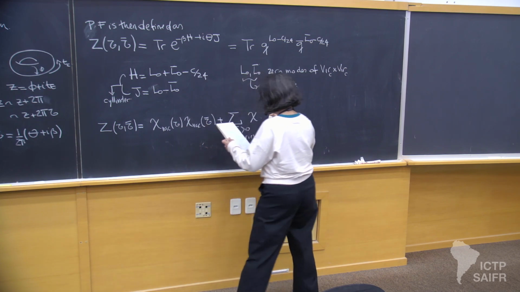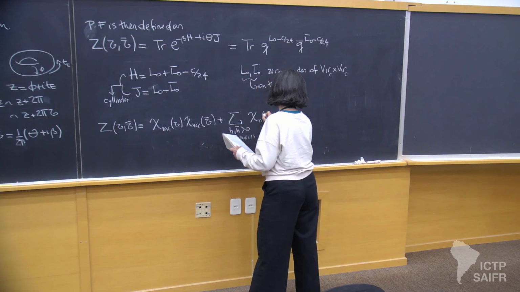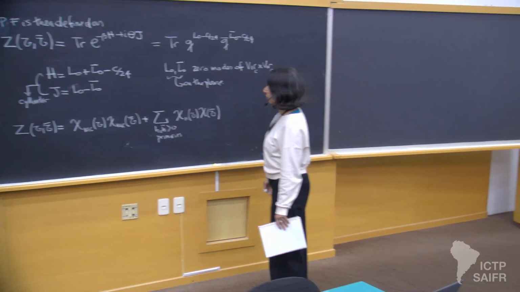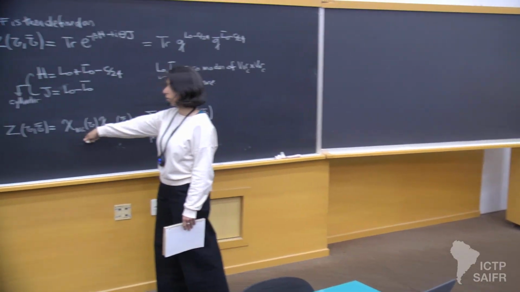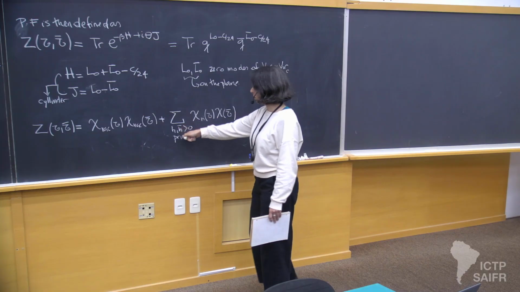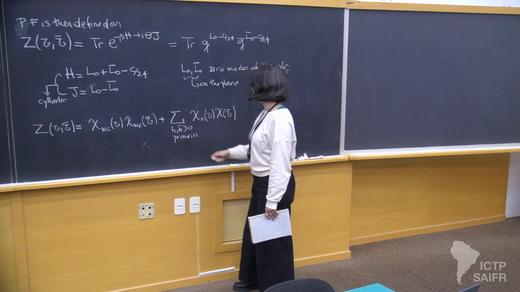You decompose it as a function of what are called characters. In this way of writing it, I'm singling out a contribution that comes from the vacuum state, and then I have a sum over all primaries.